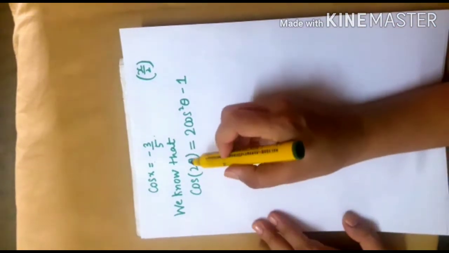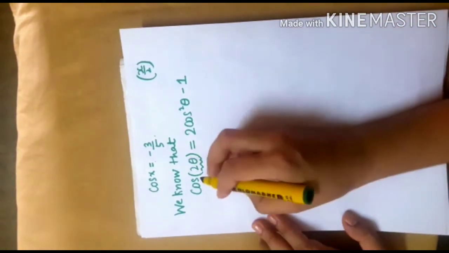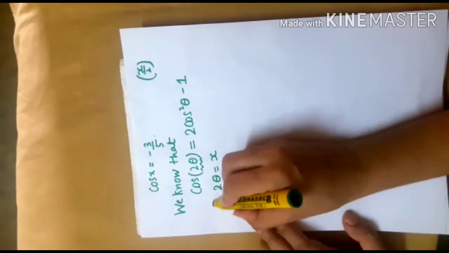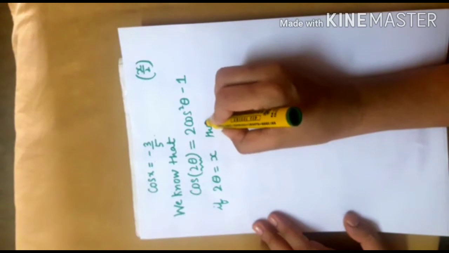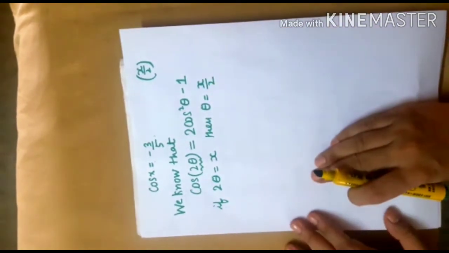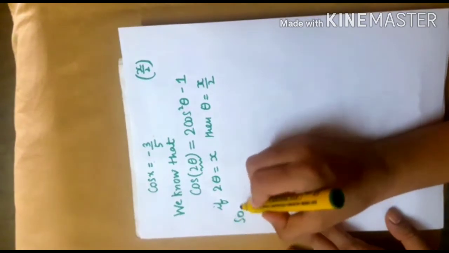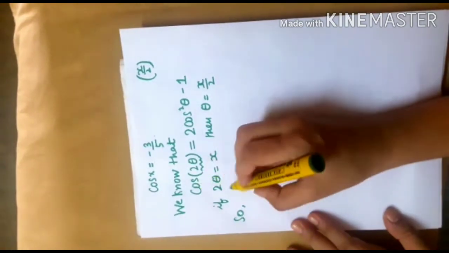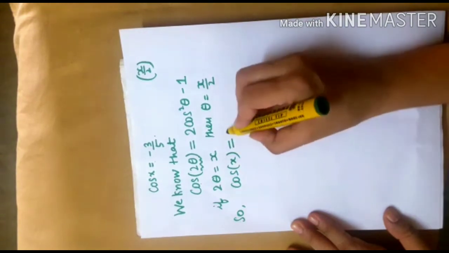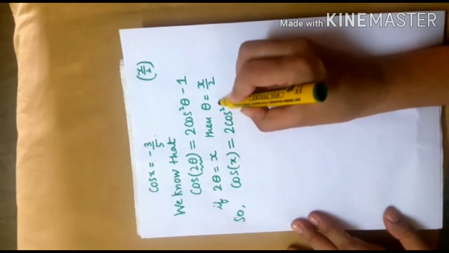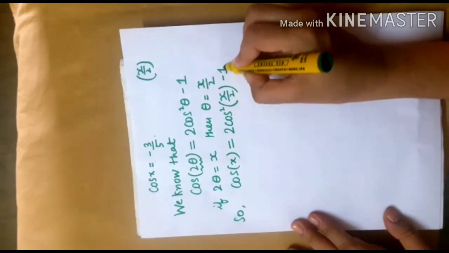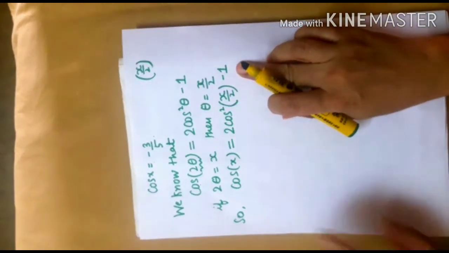Now here, if I take 2 theta is equal to x, then theta will be x by 2, right? So I'll get cos x is equal to 2 cos square x by 2 minus 1, right?